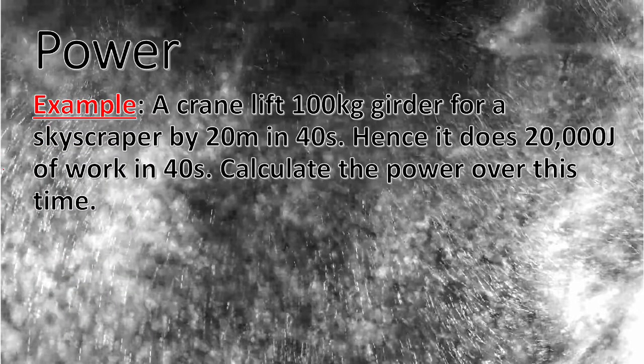Example. A crane lifts a 100-kilogram girder for a skyscraper by 20 meters in 40 seconds. So it's lifting something 20 meters, and it took around 40 seconds to do that. Hence it does work. Again, it's work because it has a unit of joules, or J. This is very important.